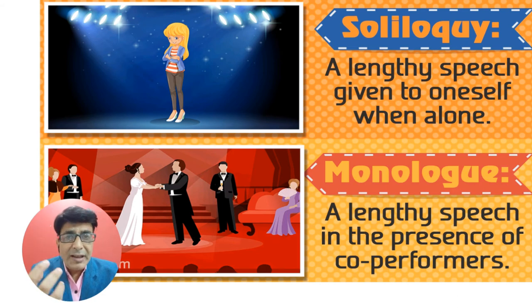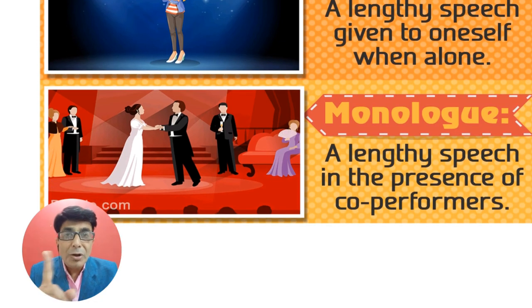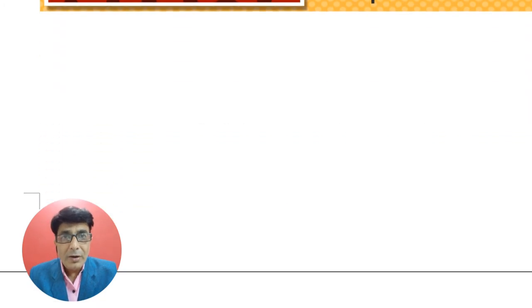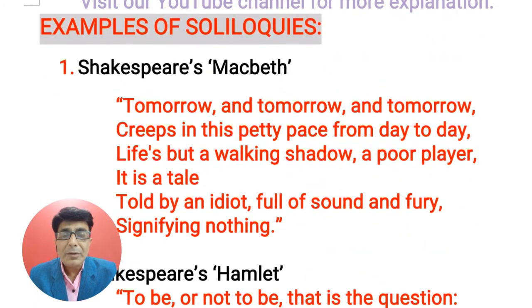Okay, and on the other hand, the second picture is the example of a monologue where one character speaks to the other character and his speech is so long that we do not call it a dialogue, we call it a monologue. Okay, so that is the difference between soliloquy and monologue.